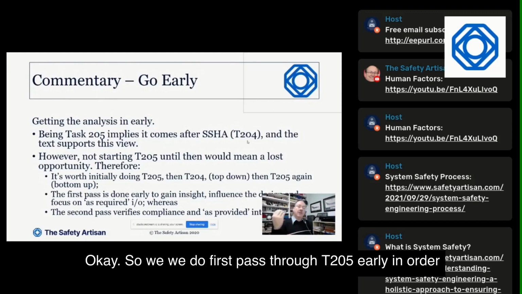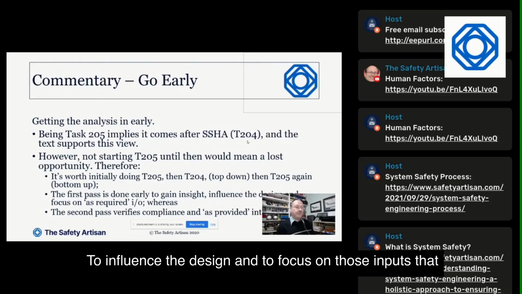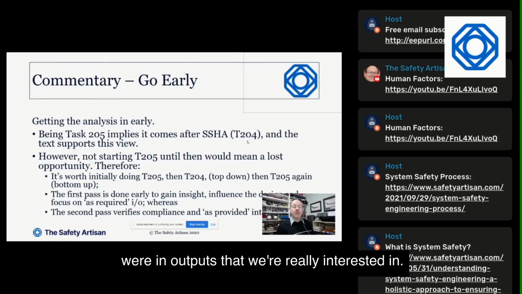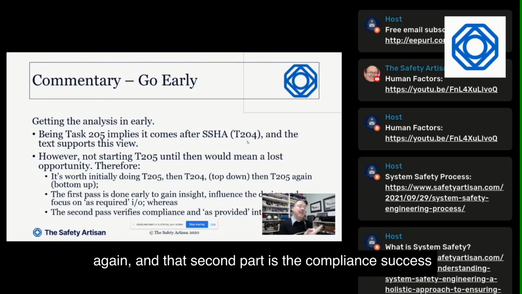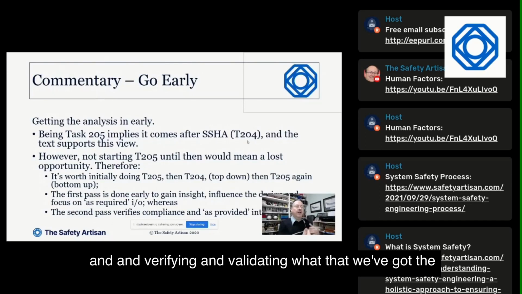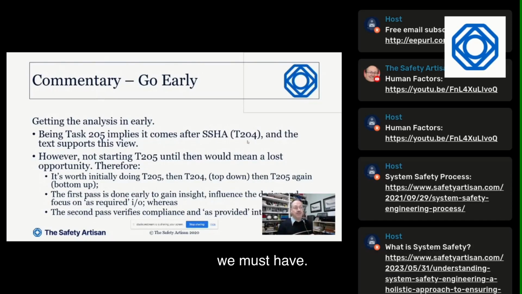Okay, so we do a first pass through 205 early in order to gain some insight into what's going on, to influence the design, and to focus on those inputs and outputs that we're really interested in. And then as we come back up the V, we will do 205 again. And that second pass is the compliance exercise and verifying and validating that we've got the interfaces and performance, etc., that we need, that we must have.